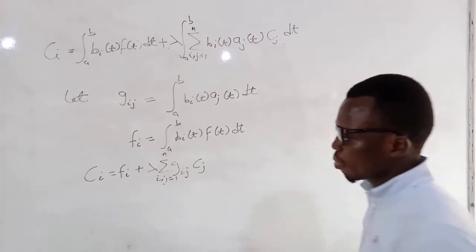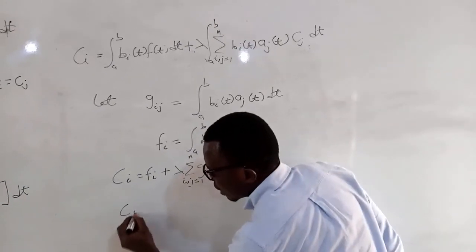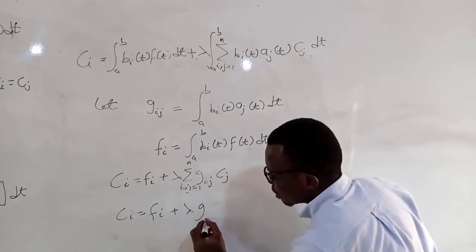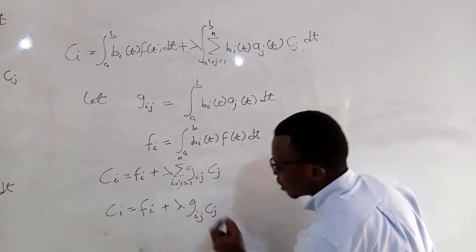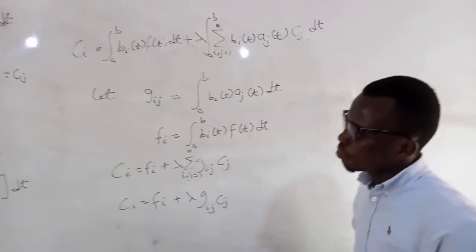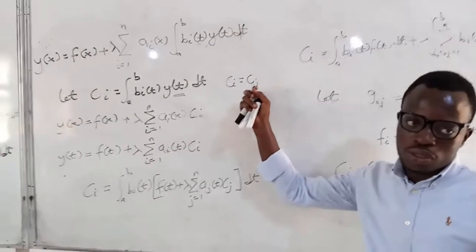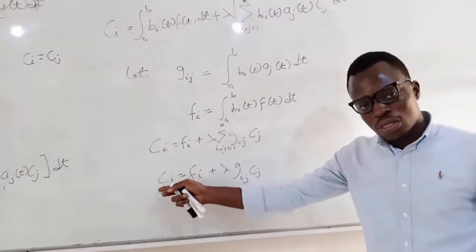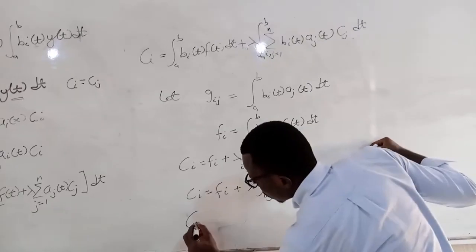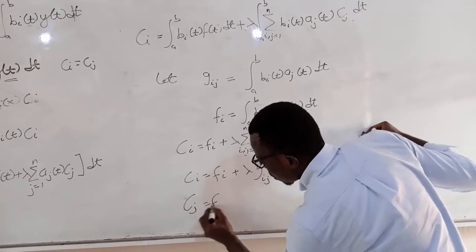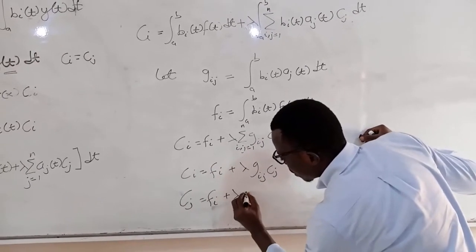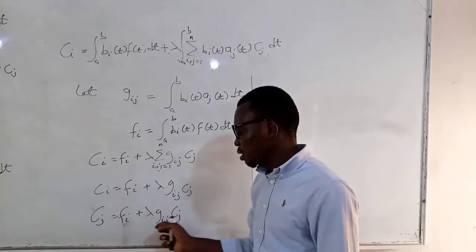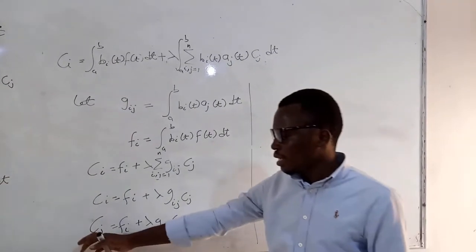So I'm going to have ci to be equal to fi plus lambda Jij, then cj. I said we should let ci to be equal to cj. And so this side, let's change this side to cj. So I'm going to have cj to be equal to fi plus lambda Jij, then cj. I mean the cj is here inside of the equation.